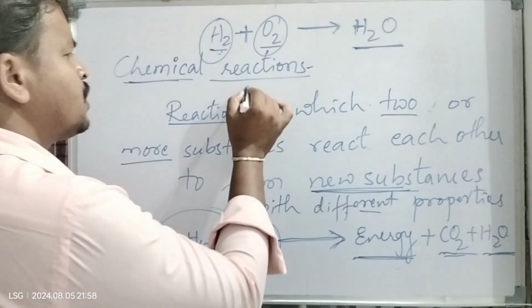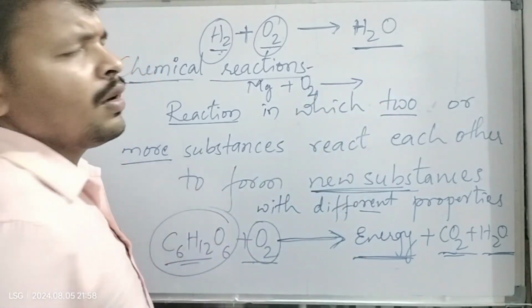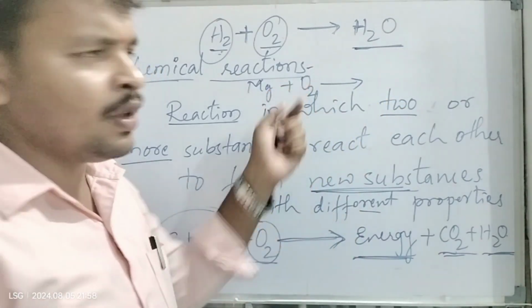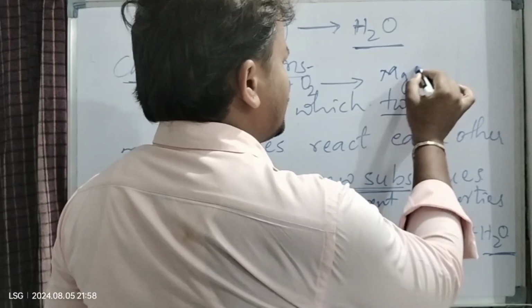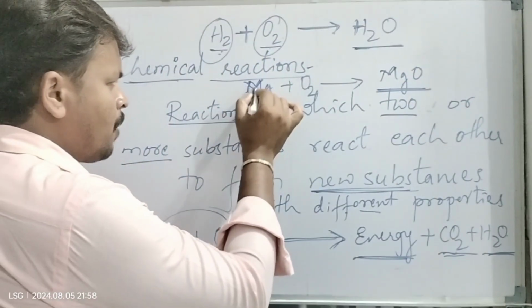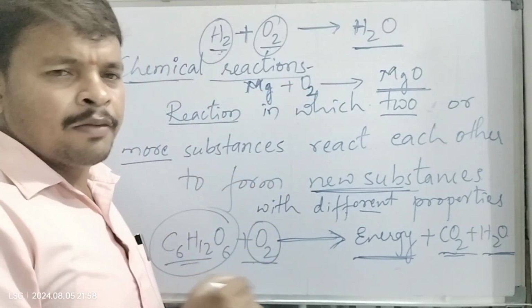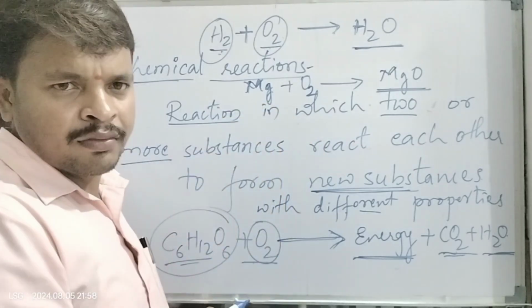Hope you have understood. Suppose the magnesium ribbon is burnt in the presence of oxygen, we get magnesium oxide. Here you see the property of the magnesium and the property of the oxygen before the reaction were different.